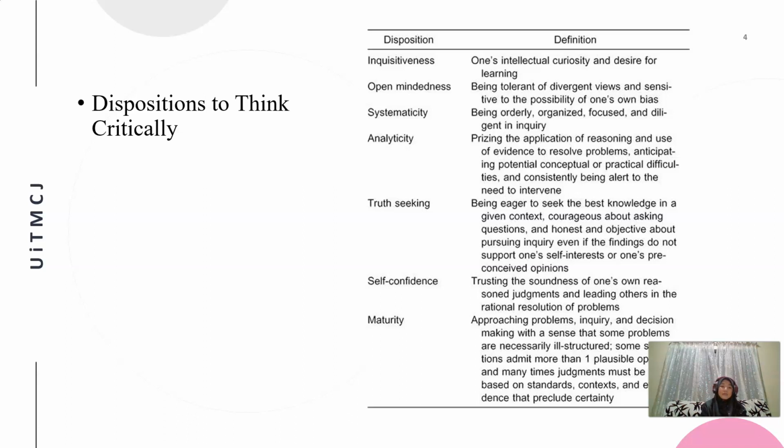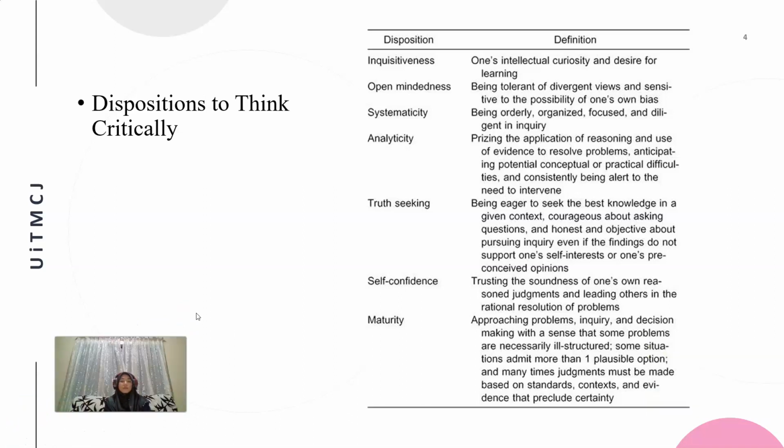The last disposition is maturity, which is about the approach to problems, inquiry and decision making. So these are all the dispositions to think critically. In order for you to think critically, you need to have these kinds of characteristics.